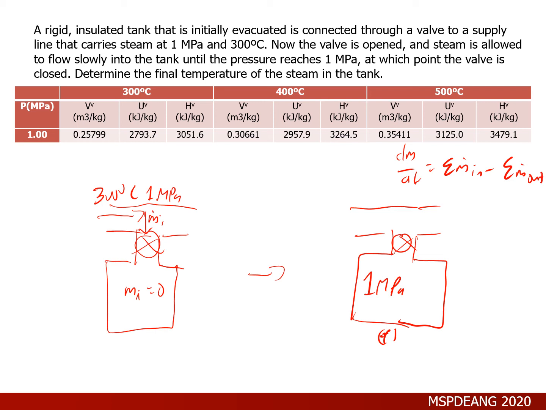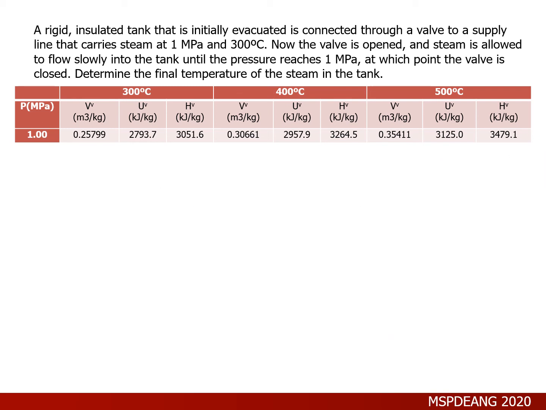Now, wala tayong mass going in, wala tayong mass going out, so this is equal to 0. Thus, mass balance, mf is equal to m dot in times T when it's finally integrated, which is equal to the total mass of steam in.